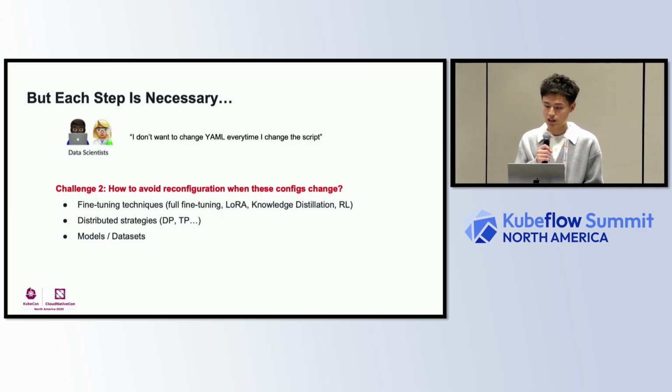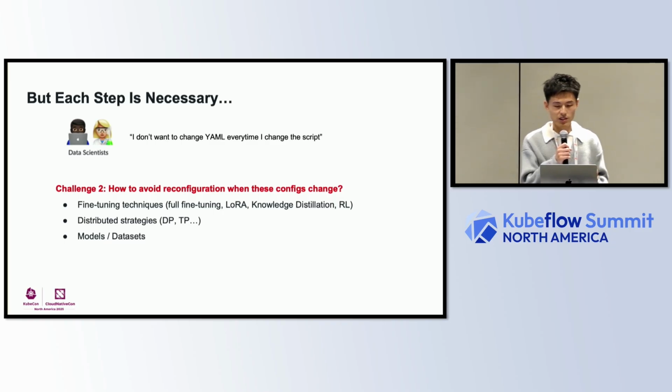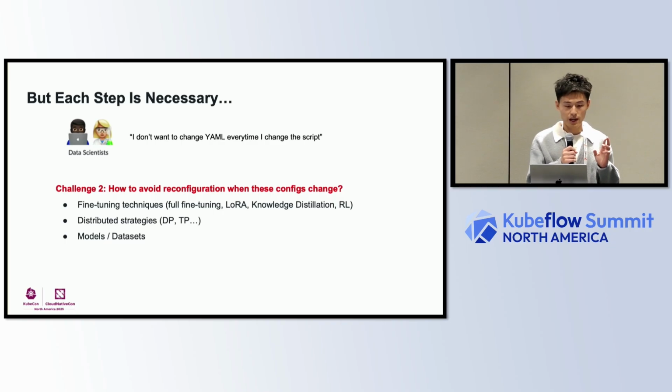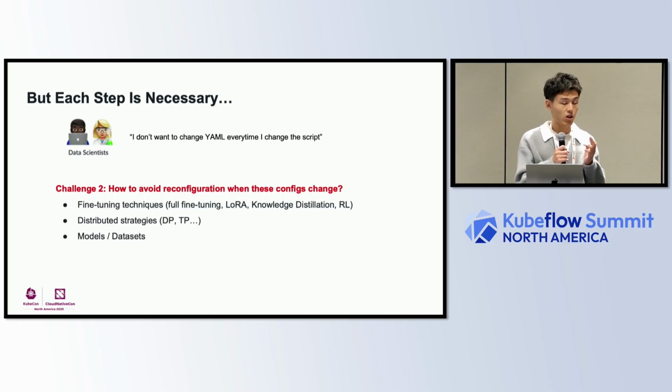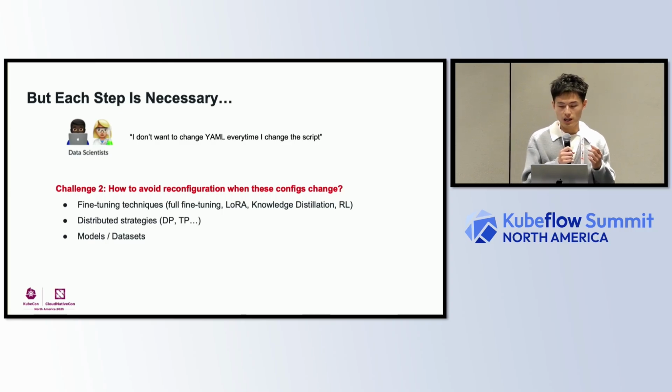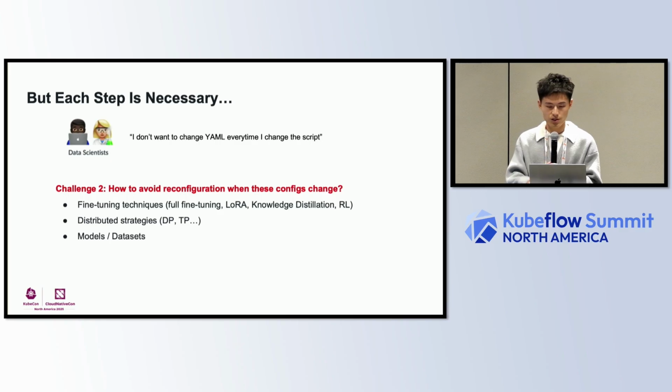Then the challenge is how to avoid reconfiguration every time the following items change: fine-tuning techniques like full fine-tuning, LoRA, knowledge distillation, and even RL; distributed strategies like DP and TP; as well as models and datasets. Changing any of them needs reconfiguration.